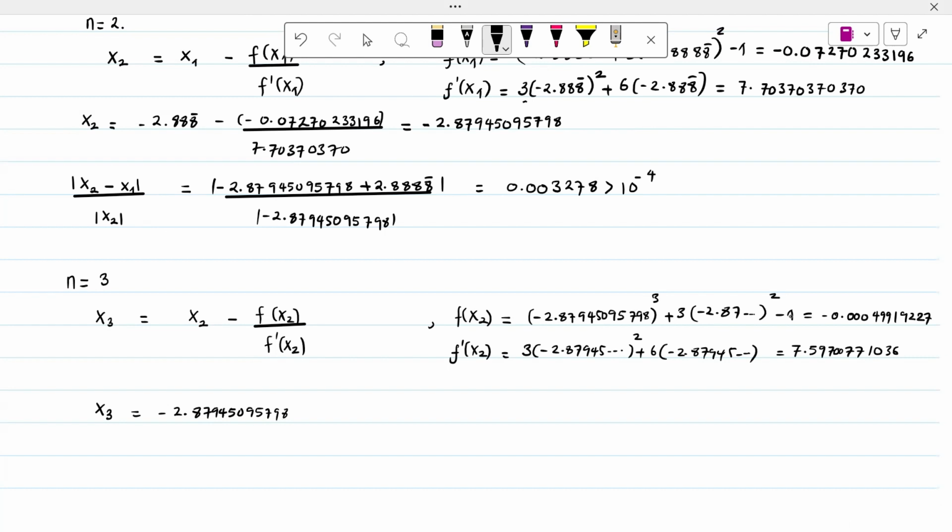Okay, so this is it. And then minus f of x2. Our f of x2 is this guy, negative 0.000, Kalu, have you checked? Have you confirmed?